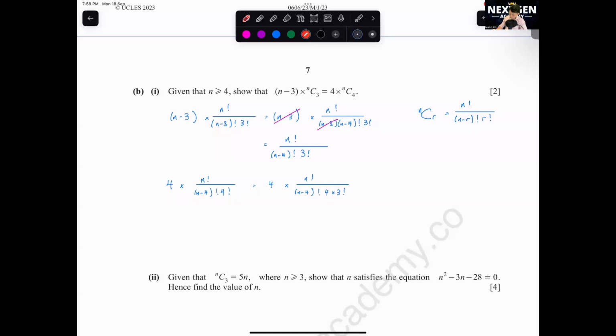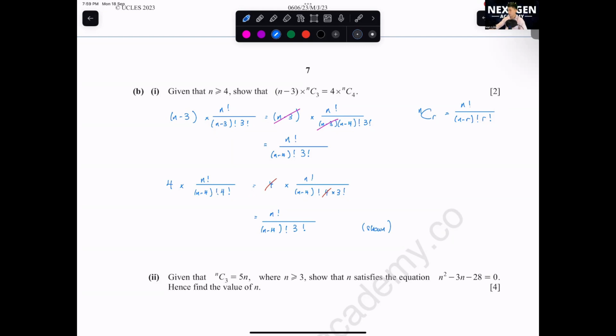So here 4 and 4 cancel off. Does it equal the top one? n factorial over (n minus 4) factorial, 3 factorial. So as long as you can equate both together, then you can write proven or shown.